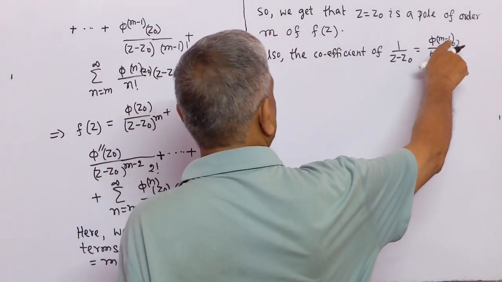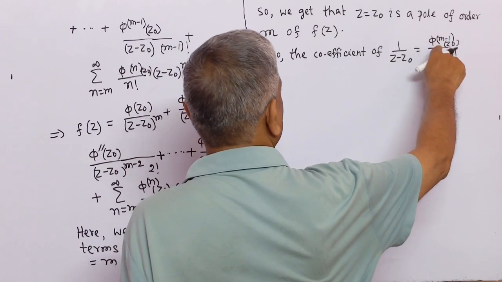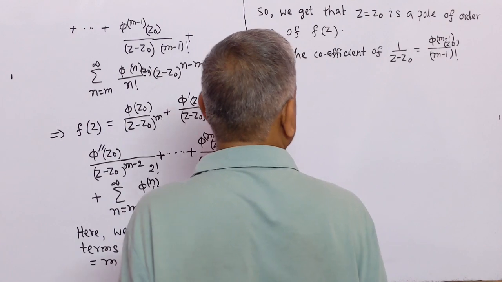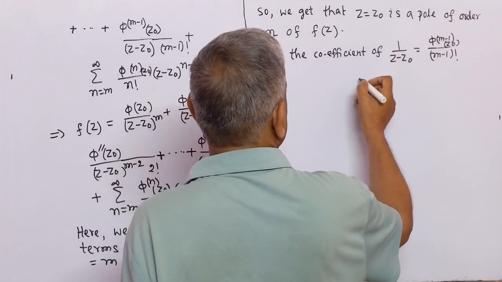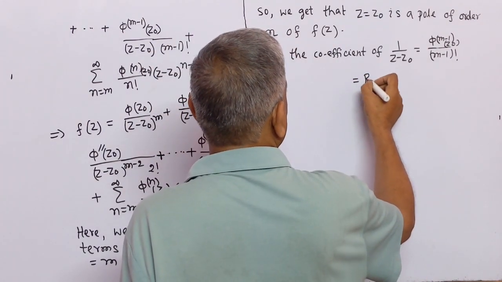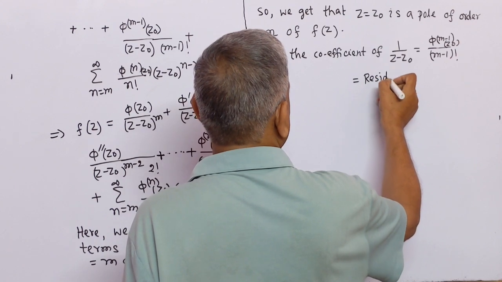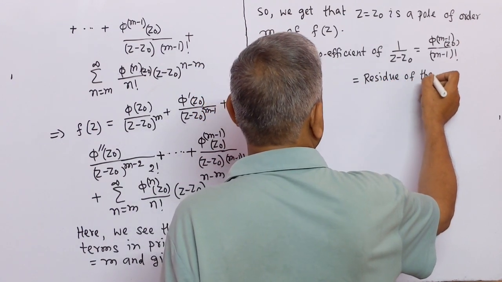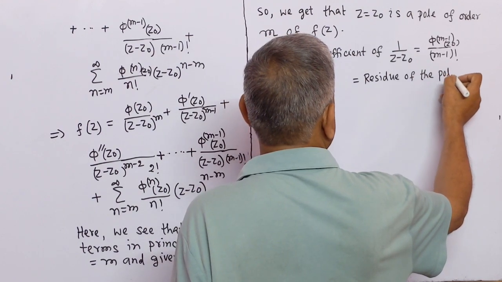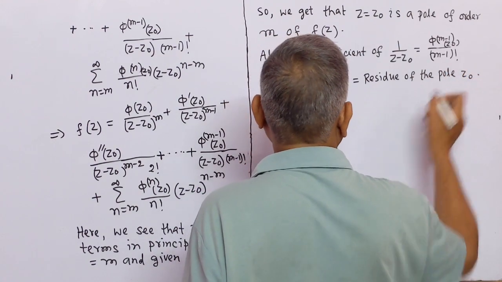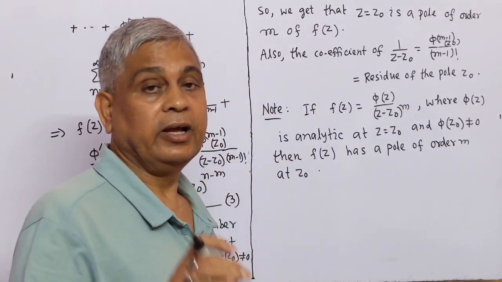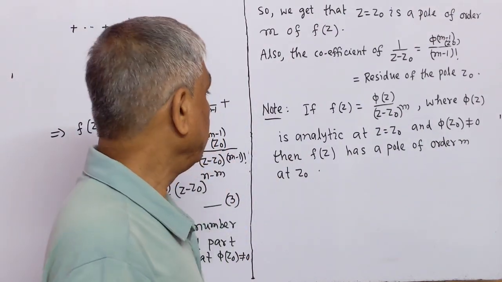This is the (m minus 1)th order derivative of phi at the point z equal to z naught by factorial m minus 1, and this is the residue of the pole z naught. From this theorem we get an important note.